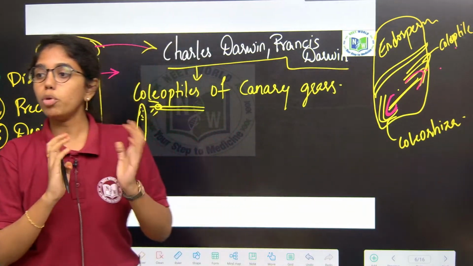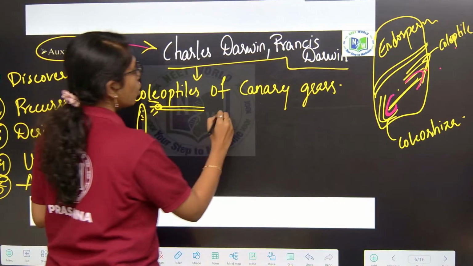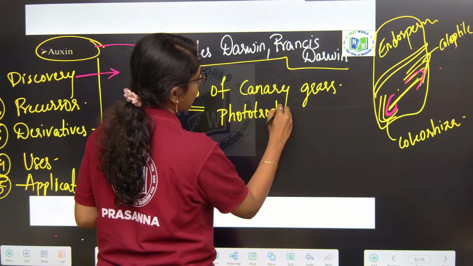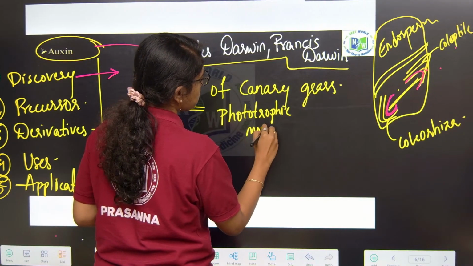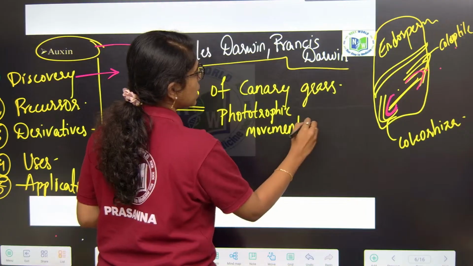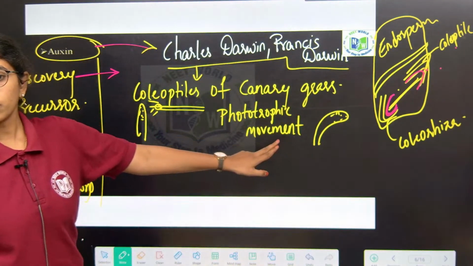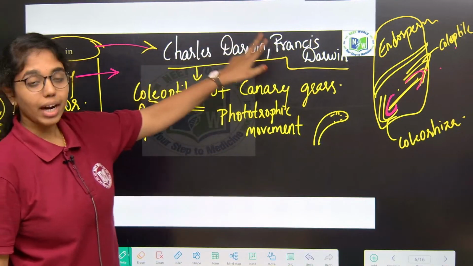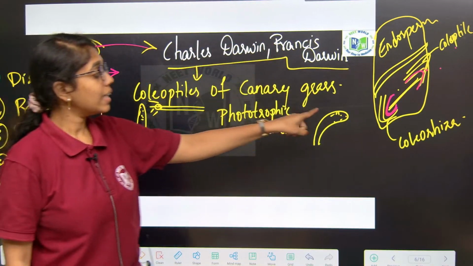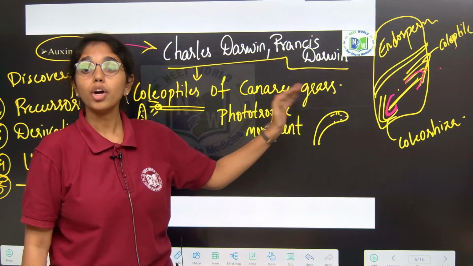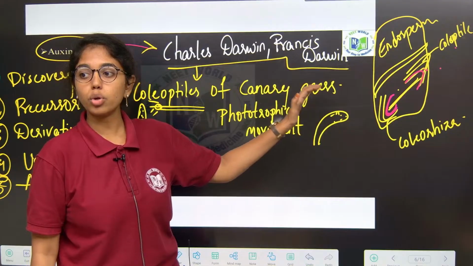A tropic movement is shown, that is phototropic movement, towards the sunlight, like this. With this phototropic movement, Charles Darwin and Francis Darwin said that some chemically active substance is present, that is showing what? Phototropic movement, a bend towards the light.